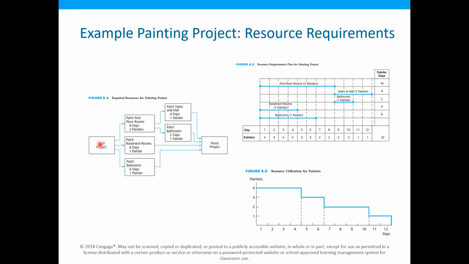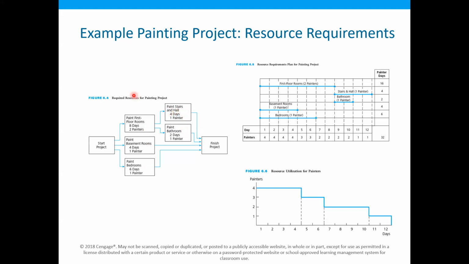Start project is the starting milestone of the project. And then there are five activities. The first activity is paint first floor rooms. And then paint the basement rooms, and then paint the bedroom, then paint stairs and hall, and paint the bathroom.